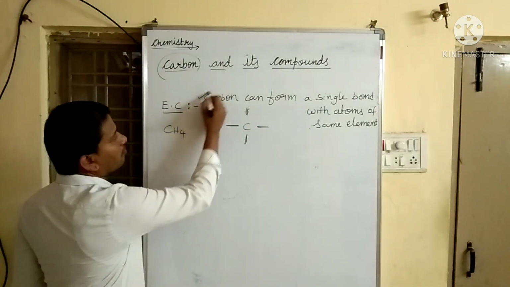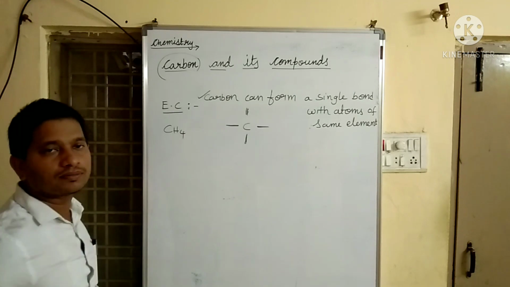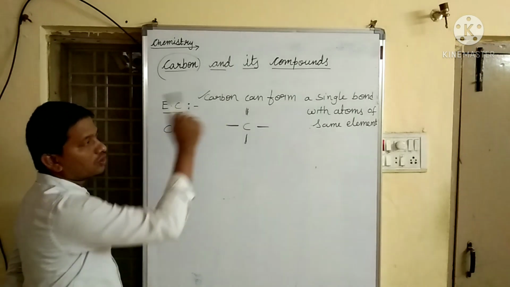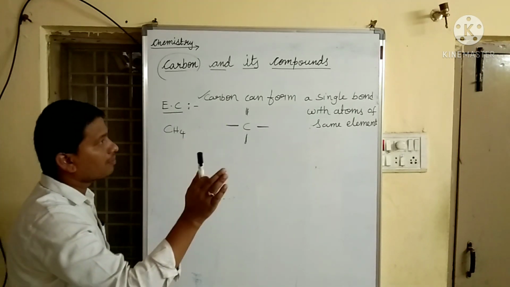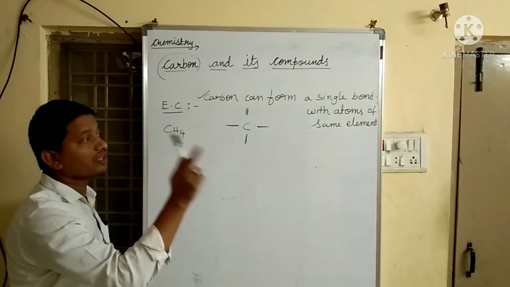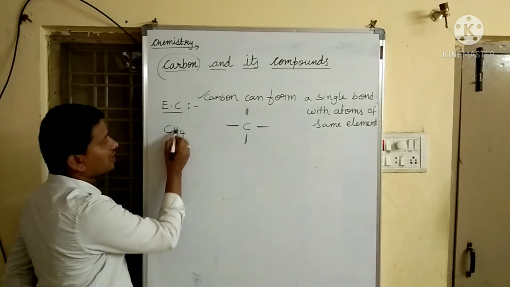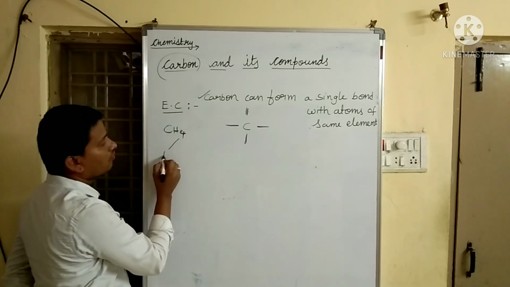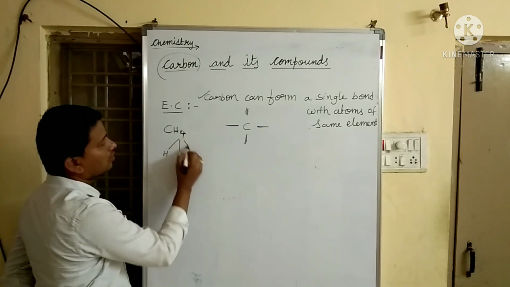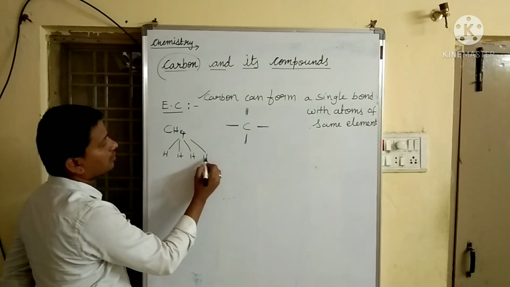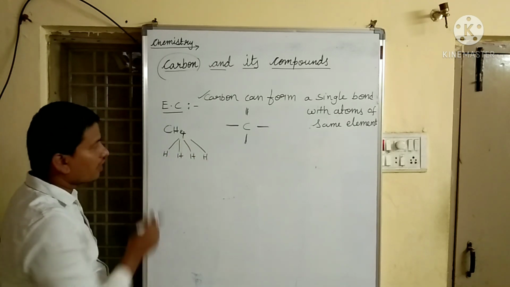The bond formation by carbon is as follows. Carbon can form a single bond with atoms of the same element. You can see here CH4: we have 4 hydrogens and 1 carbon.